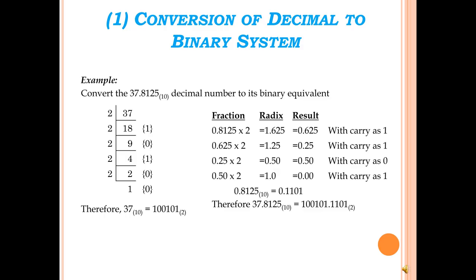I hope everyone has done LCM in their mathematics. So we have to use a similar formation. Like we have the number 37. So let's do the LCM of that. As we are converting it to binary, we will convert it with the help of number 2.